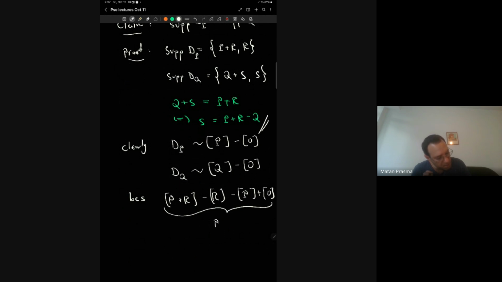So this is principal. Principal means that it's equivalent to 0. So this is the same as saying that d_P is equivalent to P minus O.